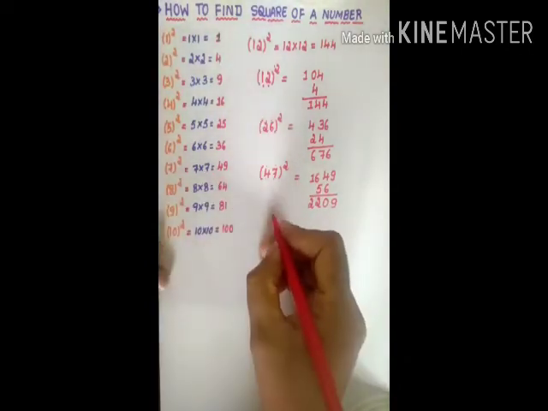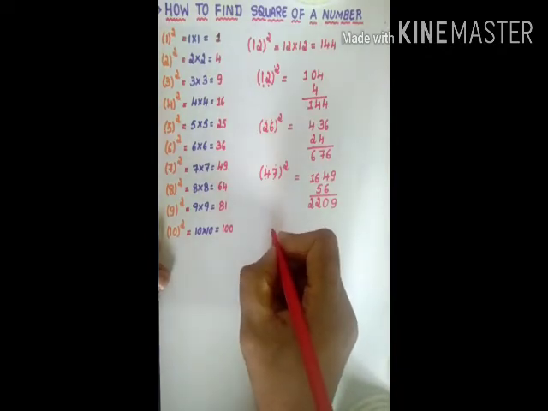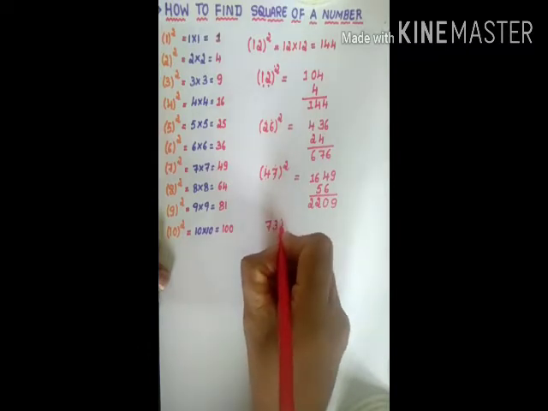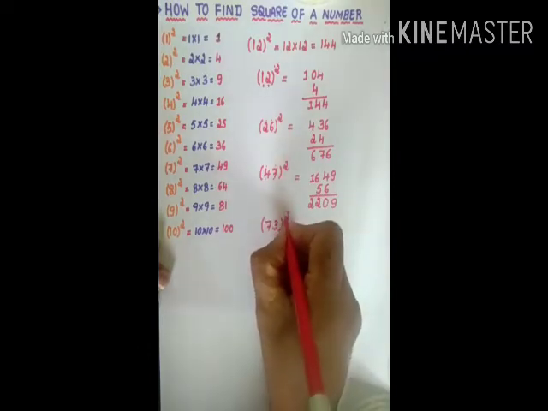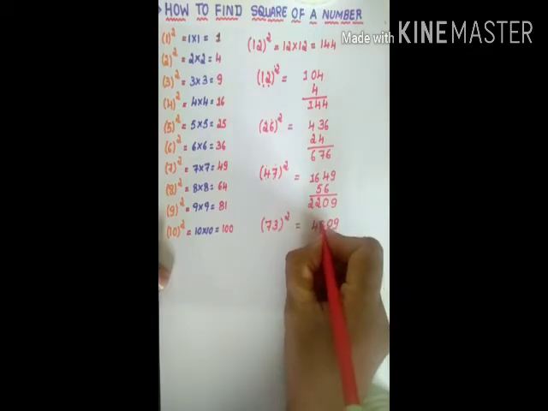Right, 47 whole square. After that I will take one more increased number above 50, 73 whole square. 3 square is 9. 7 square is 49.